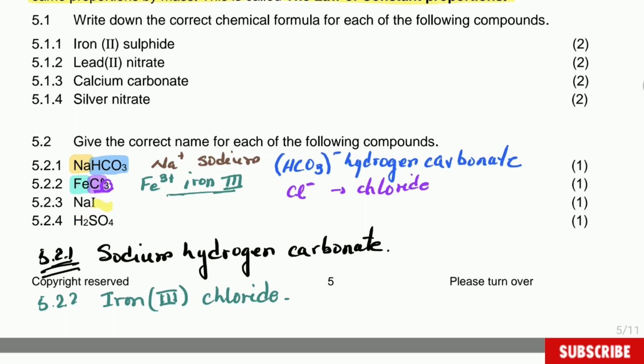Question 5.2.3. Now we have sodium on this side. The sodium ion, guys, is already in question 5.2.1. It is the ion for sodium. And then the next one is iodide. You need to know that iodide, which is I minus, is called iodide.